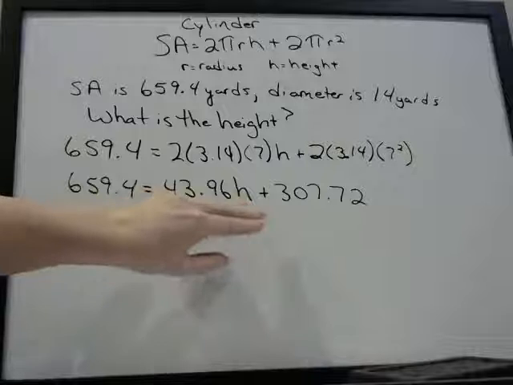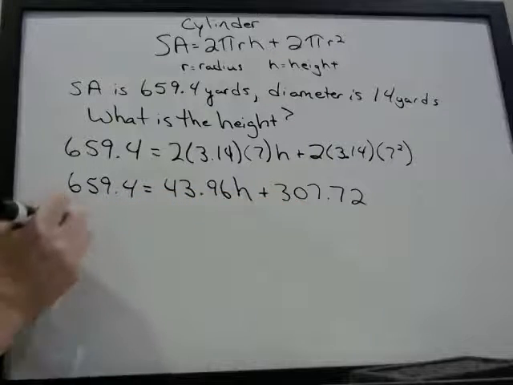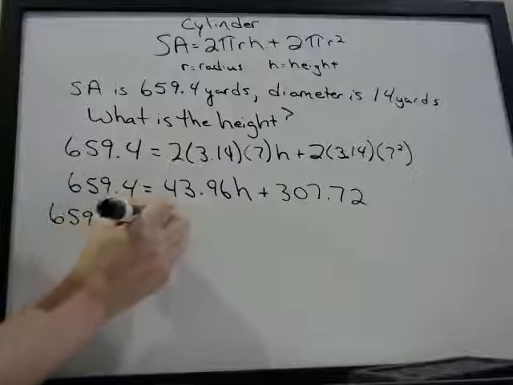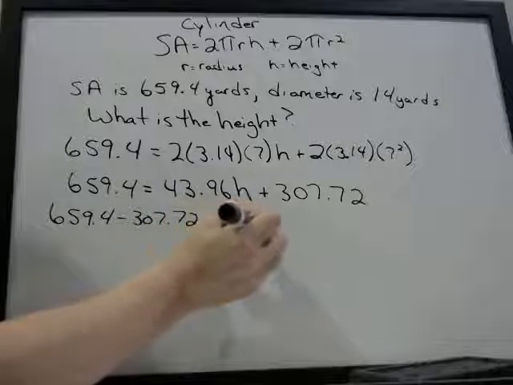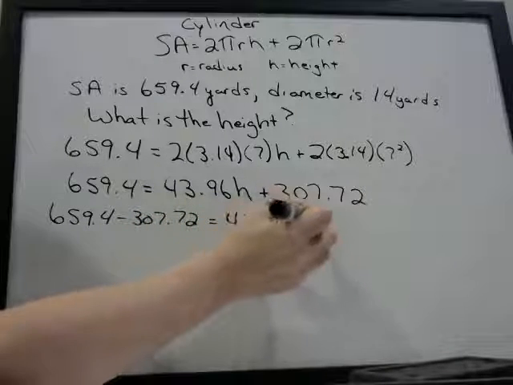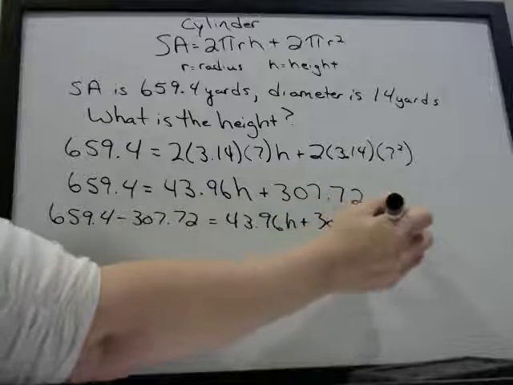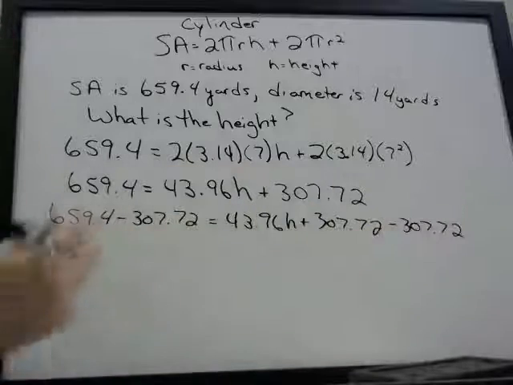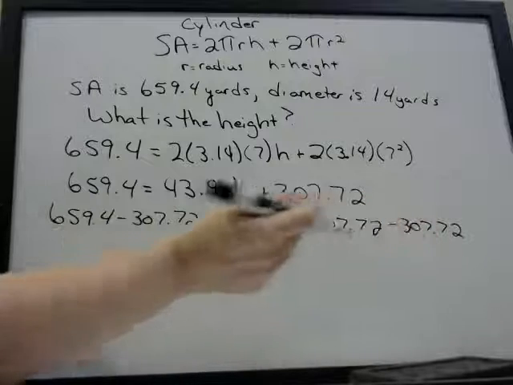So the first thing we're going to do is get rid of this 307.72. And how are we going to get rid of that on that side? We're going to subtract it. If we subtract it on one side, we have to subtract it on both sides so that the equation stays equal. So 307.72 minus 307.72 equals 0.